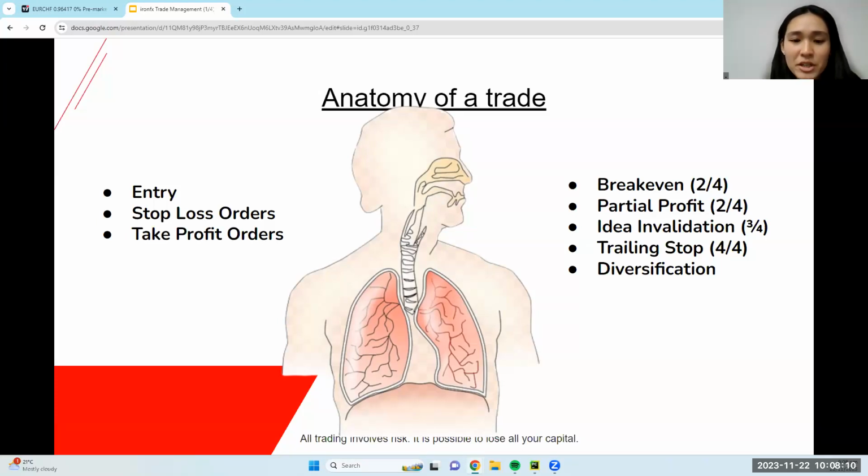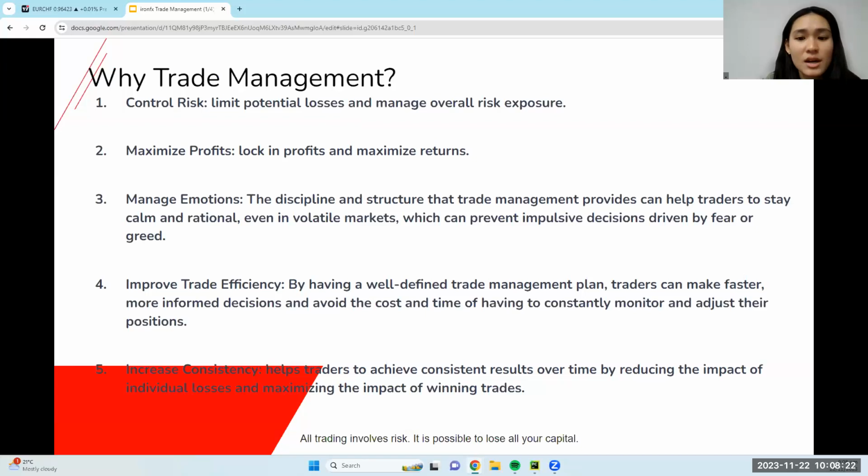Trade management basically refers to the process of managing open trades in the financial markets to maximize returns and minimize risk.